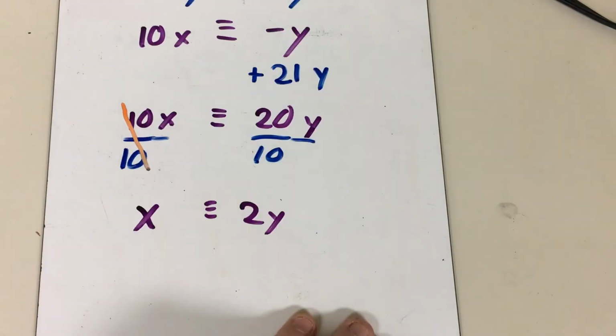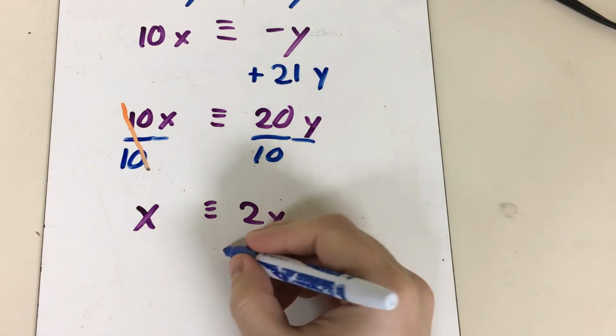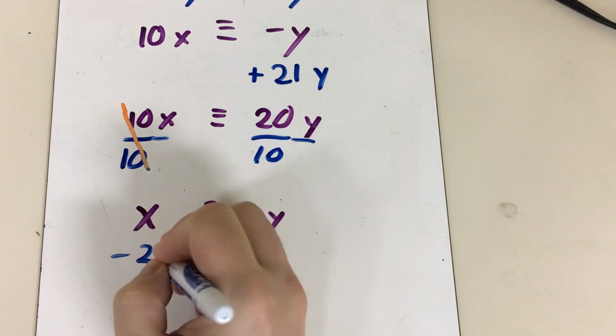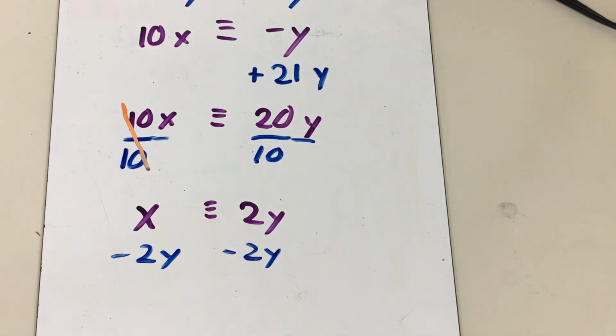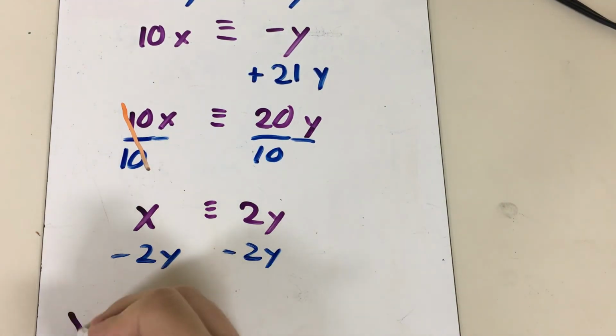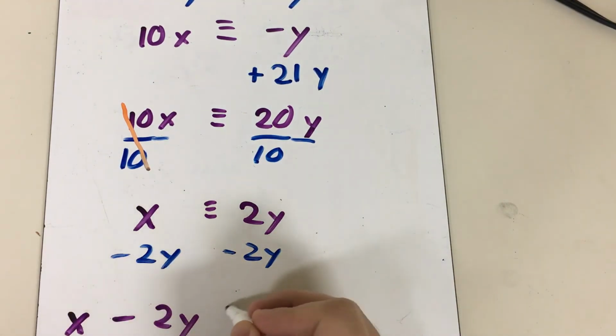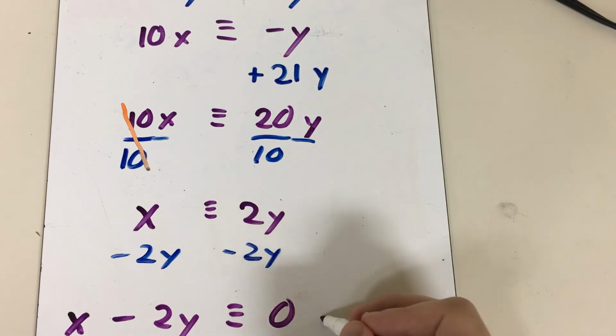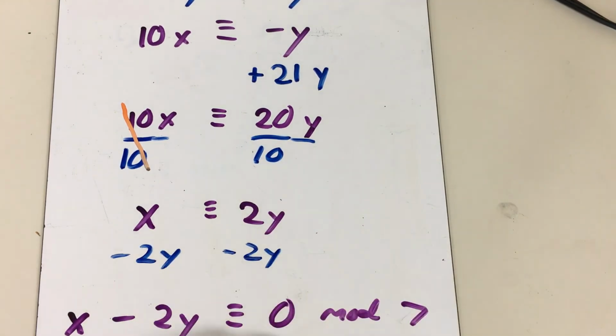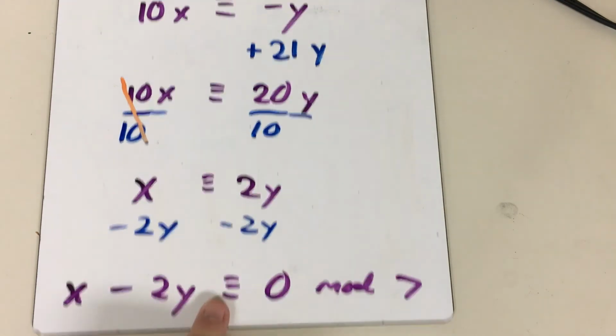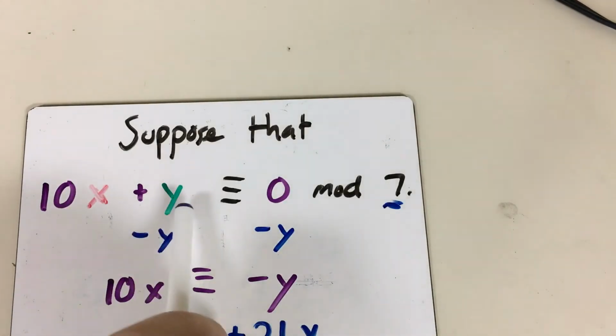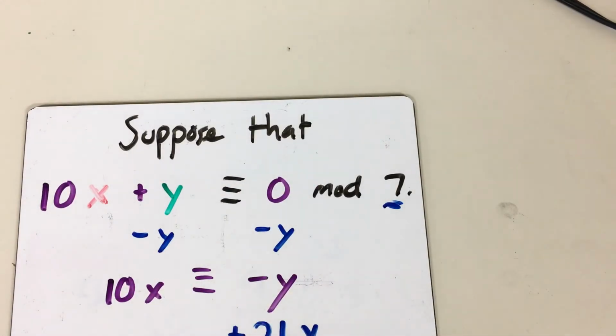So now we're left with x is equivalent to 2y. And the last thing that I'm going to do is go back to subtracting. I'm going to subtract 2y from both sides, and this is going to give me that x minus 2y is equivalent to 0 under mod 7. And remember, we only got there because we knew that our original number was equivalent to 0 under mod 7.